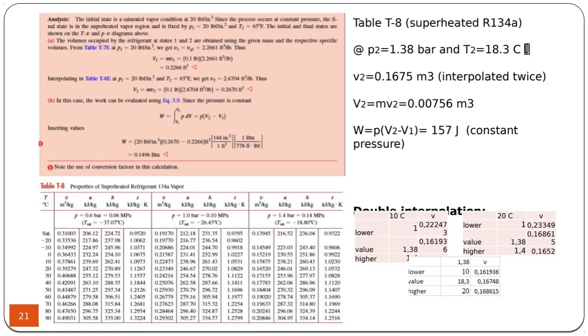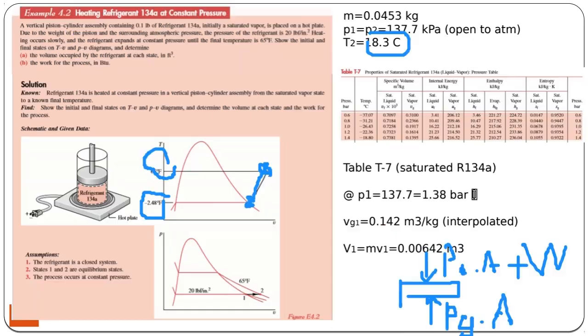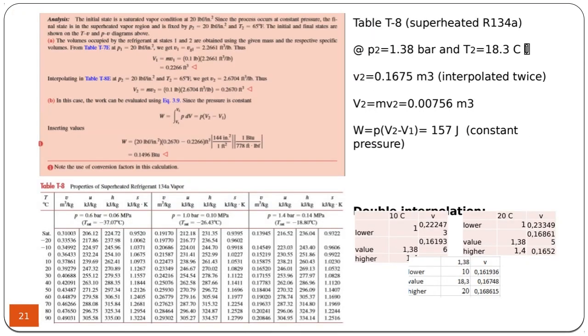Then it becomes superheated at 18 Celsius and 1.38 bars, which is given to you in the problem statement. It says that the piston cylinder system is heated so that the pressure becomes 1.38 bars and the temperature is 18.3 Celsius.